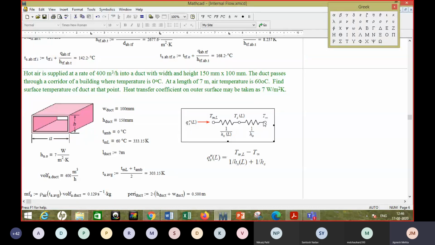And then this is the ambient temperature, T infinity, or the notation that I've used, T suffix amb. That is even lower, because the resistance is the inverse of the heat transfer coefficient into area. So 1 upon h_o is the resistance offered.